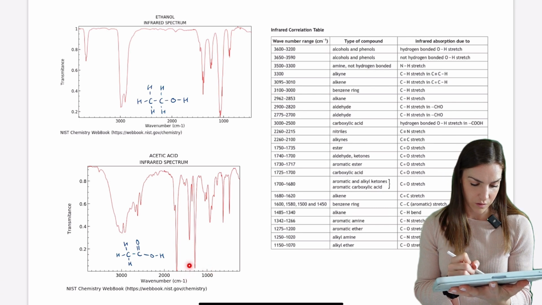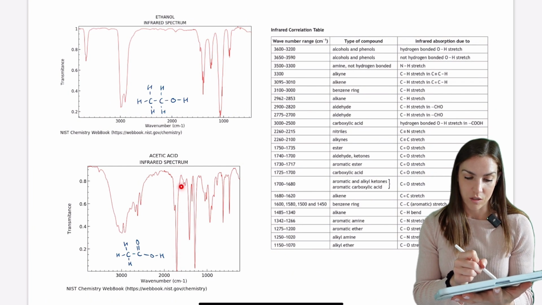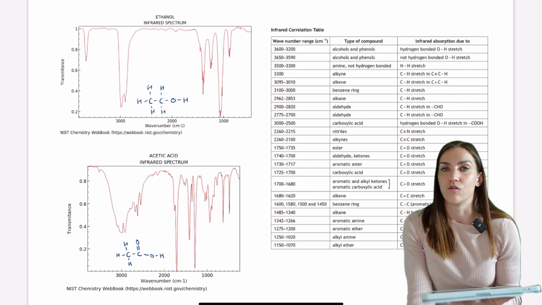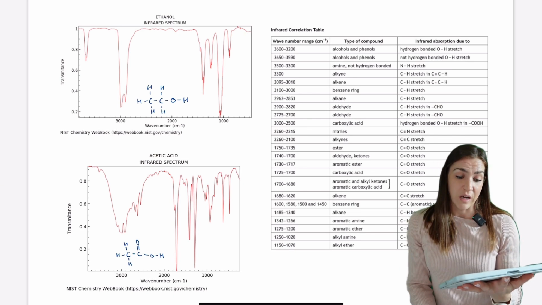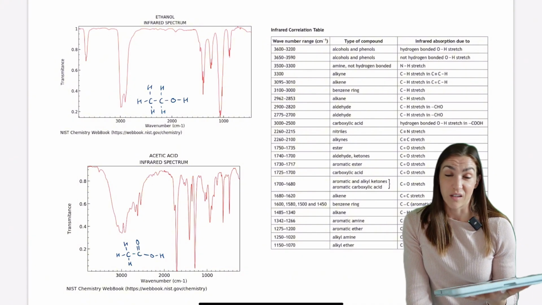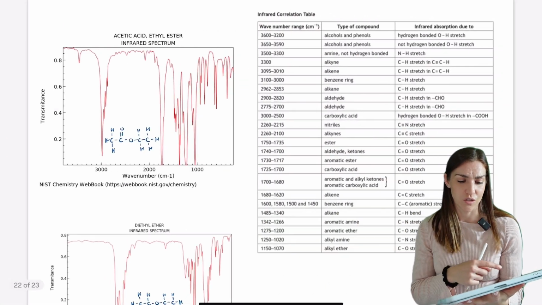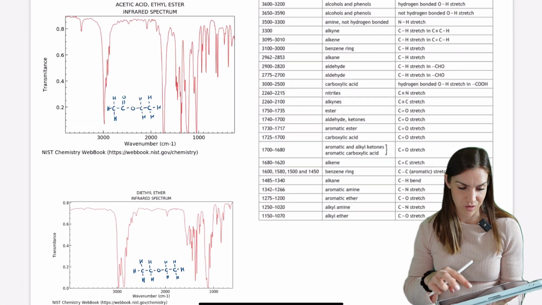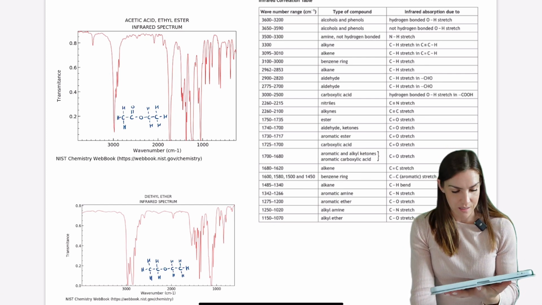There's not really a clear scale, but that'll be about 1,500, so that'll be our C double bond O stretch, which is characteristic of a carboxylic acid. Therefore, if you were asked what functional group there would be, because it's a carboxylic acid, you'd be expecting it to be a carboxyl group. So this is the sort of thing you're looking at in the IR spectrum: what functional groups it is showing are there, and does it tie in with what I'm expecting.